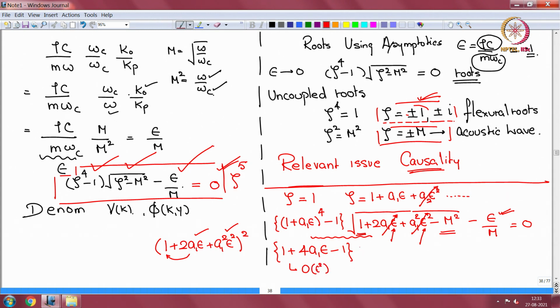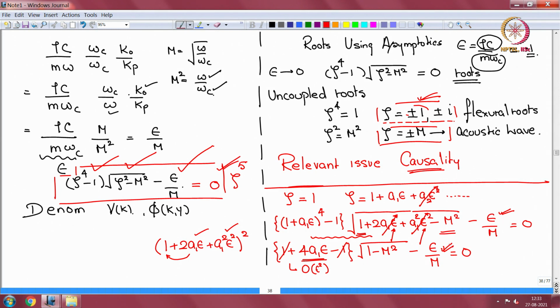And then this square root is square root of 1 minus m squared, minus epsilon by m is equal to 0. So we cancel this out. Now I have an epsilon order term here with epsilon coefficient, and an epsilon order term here with epsilon coefficient.